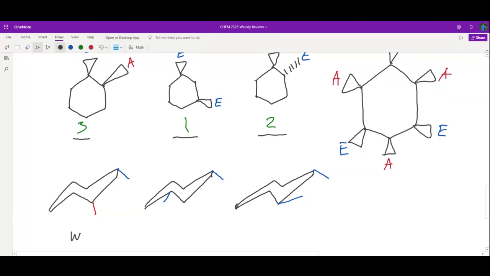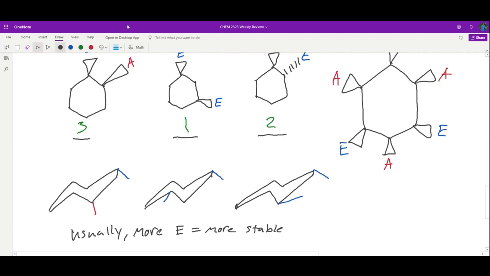So usually more equatorial equals more stable. Okay?